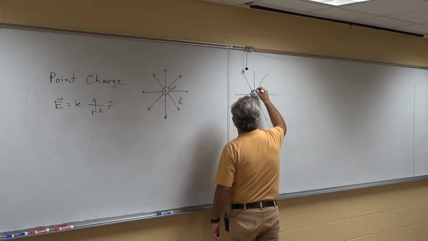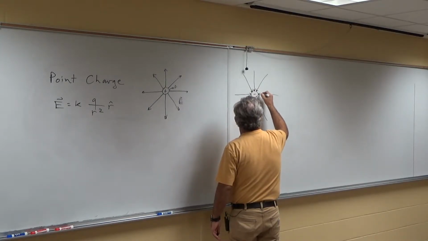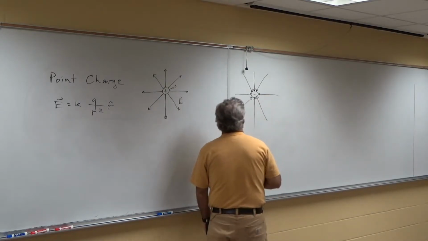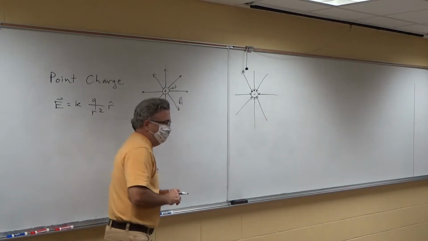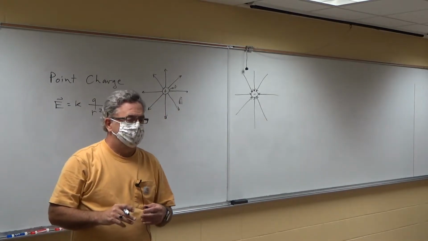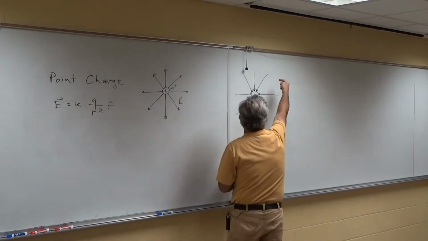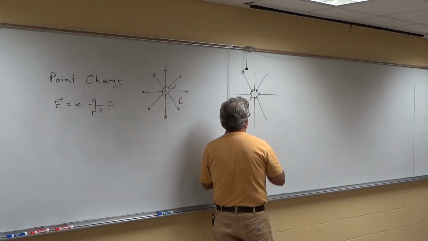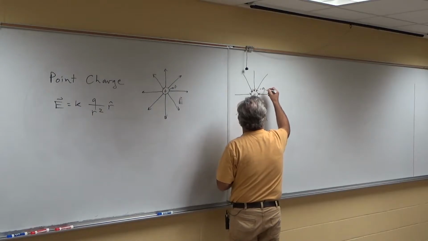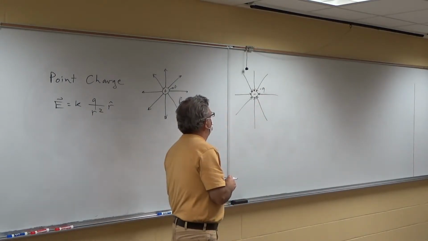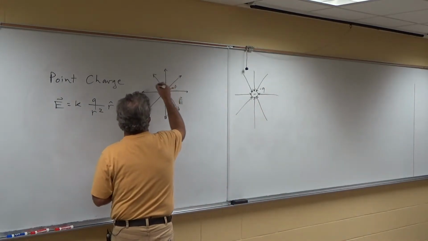They end on the negative charge. R hat still points in the same direction, but since it's a negative Q, that turns all of the field lines this way. Okay, so this is a negative Q. This was a positive Q.